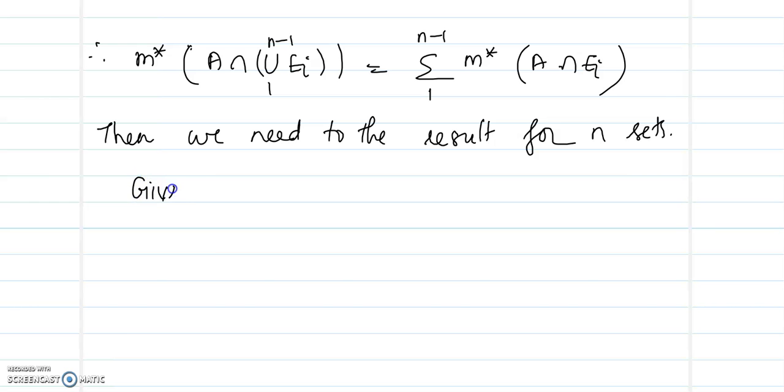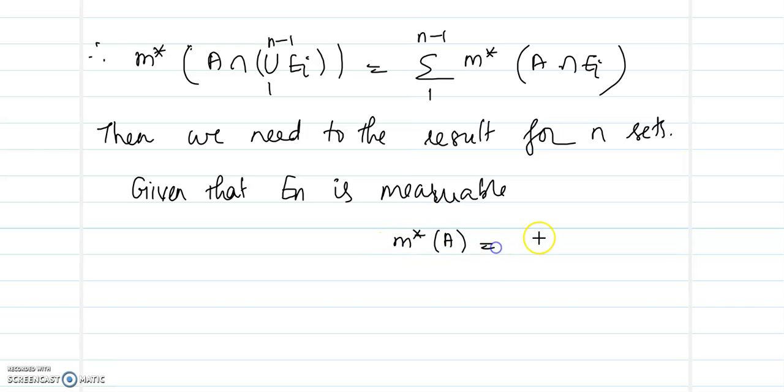You are given that En is measurable. So En measurable ആണെങ്കിൽ നമ്മൾ measurability condition കണ്ടത്. So for any set A, m star of A must be equal to m star of A intersection En plus m star of A intersection En complement. En measurable ആണെങ്കിൽ for any set A, this will hold.